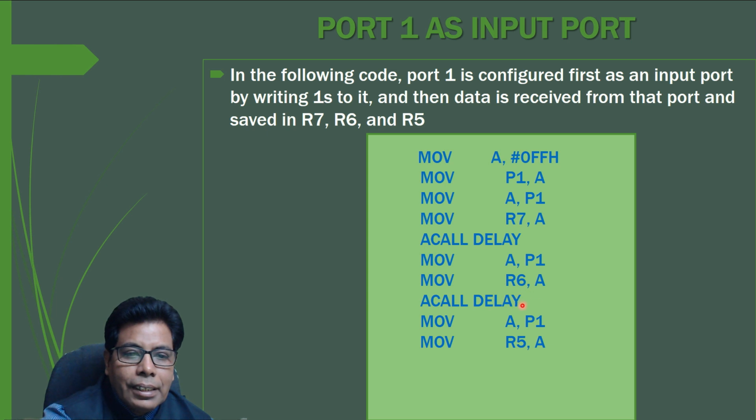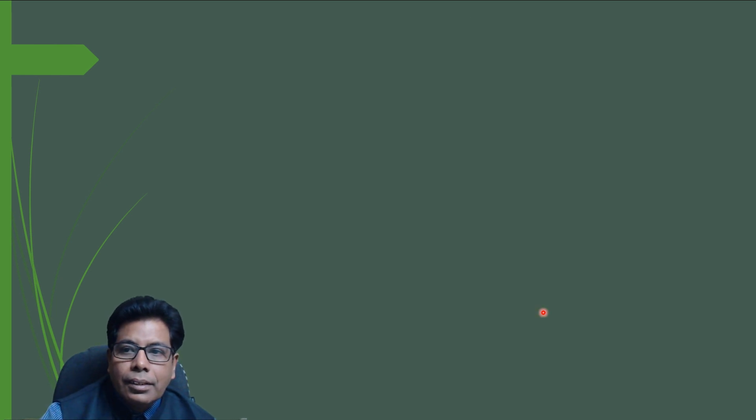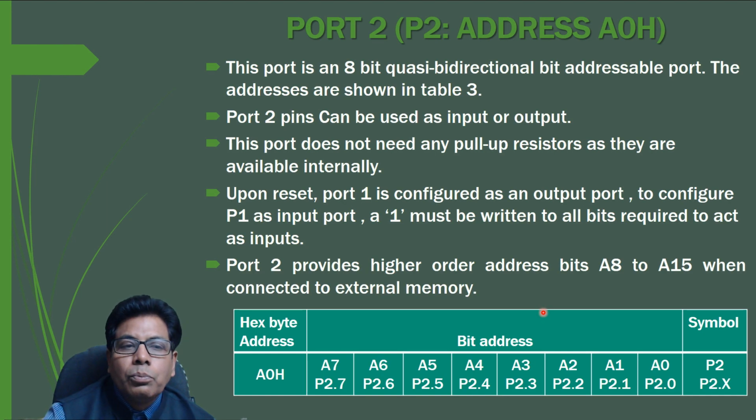And again we call a delay, and then port 1 is copied to the accumulator, and from the accumulator it is saved in R5. So in this way the data received from port 1 is saved in the R7, R6 and R5 registers. Then let us go to the next, port 2.